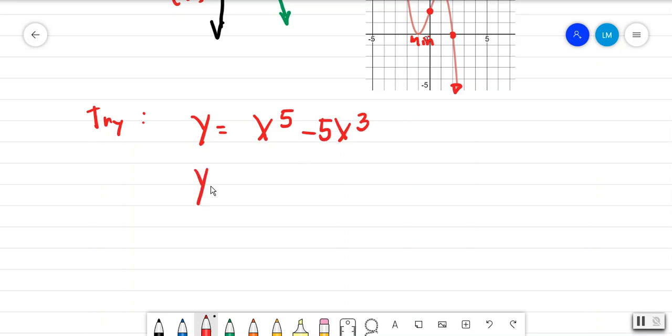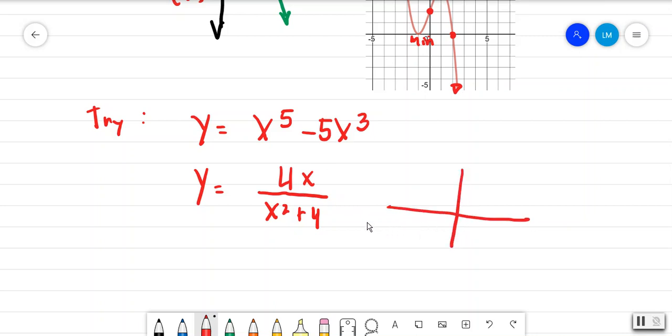And then try y equals 4x divided by x squared plus 4. Now, interestingly enough, with this graph right here, I can already tell that this graph goes to 0 and that it's an odd function.